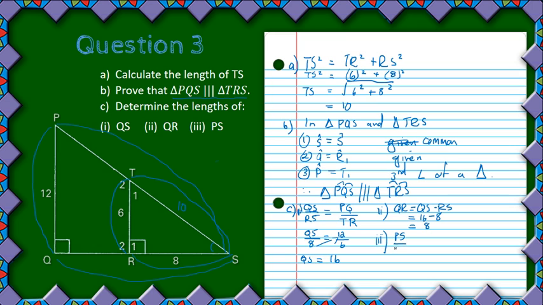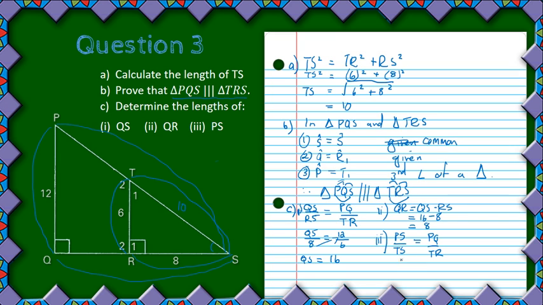PS over TS is equal to, let's use this side again, PQ over this TR. And once again, I can just check that my proportionality is correct by saying PS should be over TS and PQ over TR.